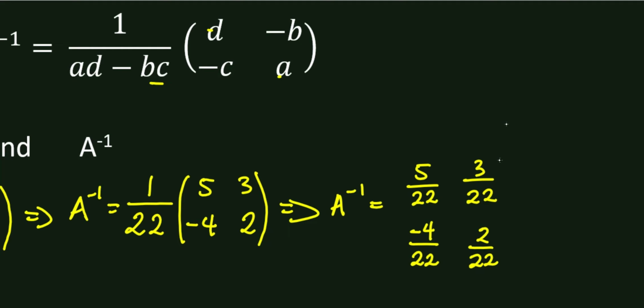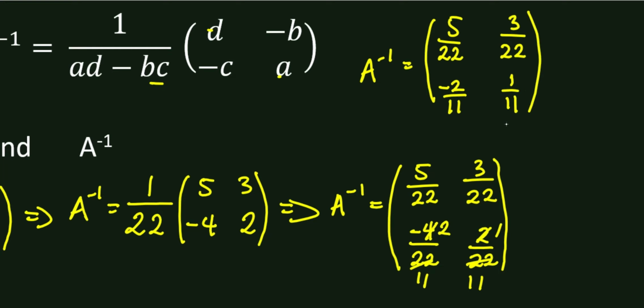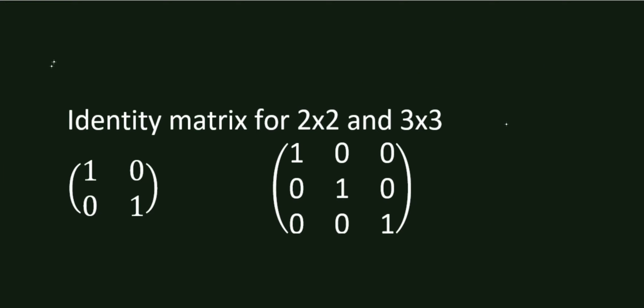We can cancel where possible, 2 over 22 to 1 over 11. So the final answer for the inverse of this is given as this. That's our final answer for the inverse.